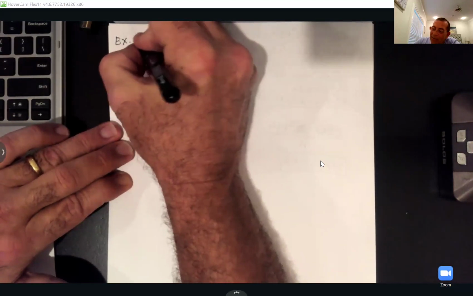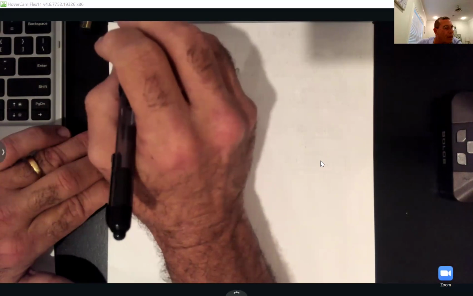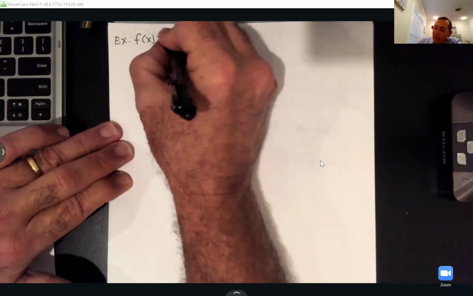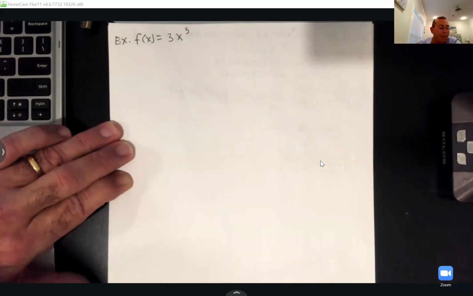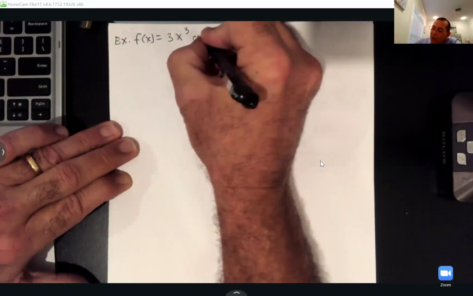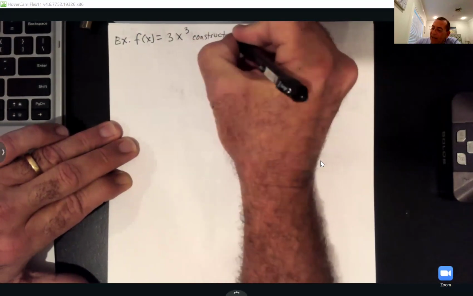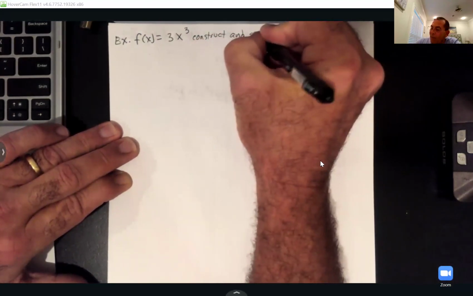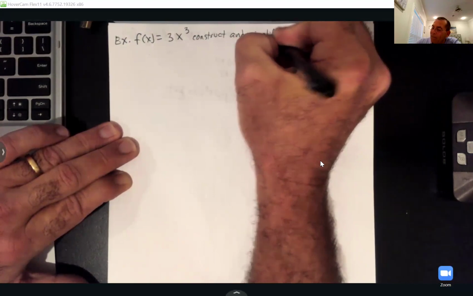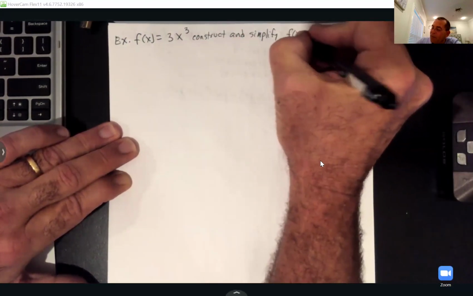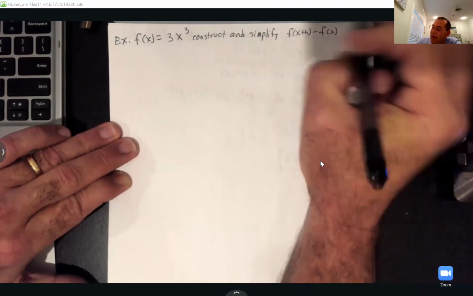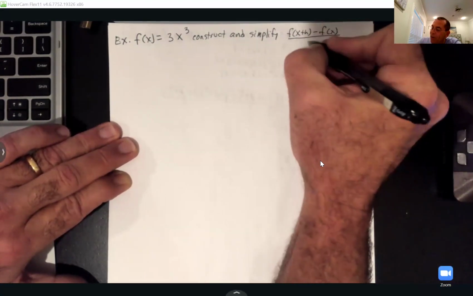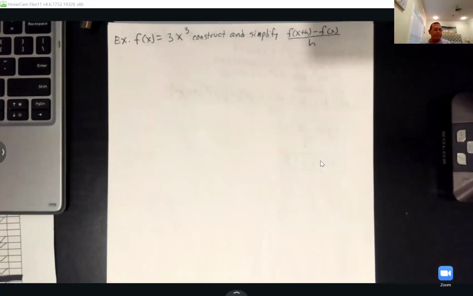So y'all, we got f of x equals 3x to the third. So finally, we're going to construct and simplify again. F of x plus h minus f of x, all of that over h.